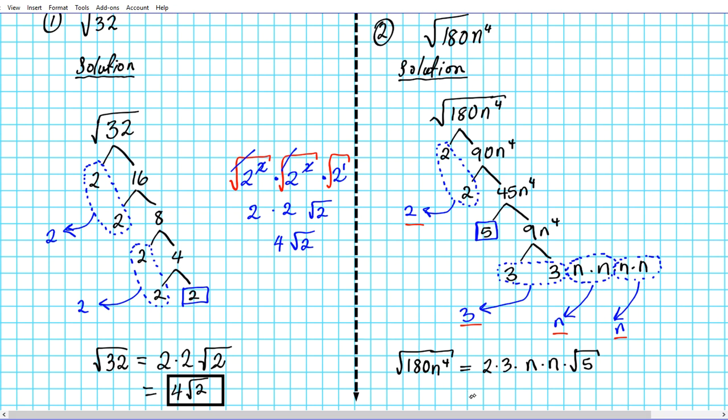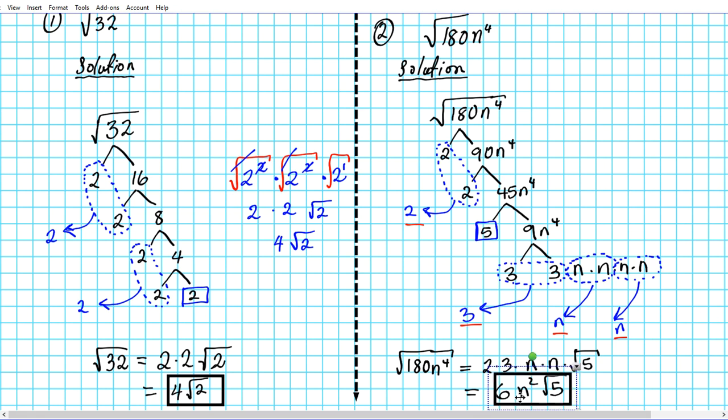Let's simplify this. 2 times 3 is 6. n times n is n squared. Root 5. Ladies and gentlemen, 6n squared root 5 is the simplified form of the square root of 180 n to the 4th power. Okay, so that's the answer to question number 2.